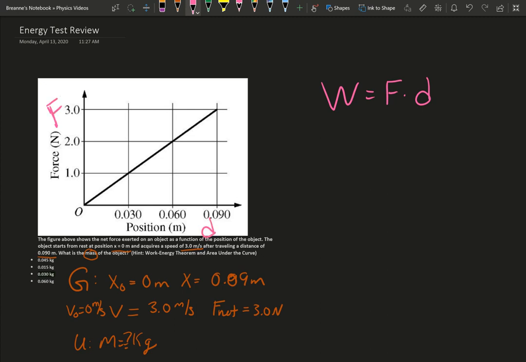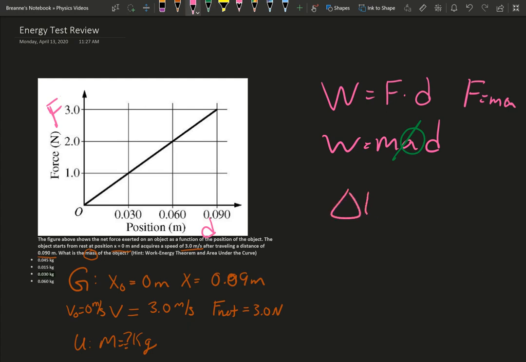Now, a couple of things to think about. Your force equals mass times acceleration, so that could be a way to get mass, right? But we don't know acceleration, so we can't use that equation. I gave you a hint about the work energy theorem.